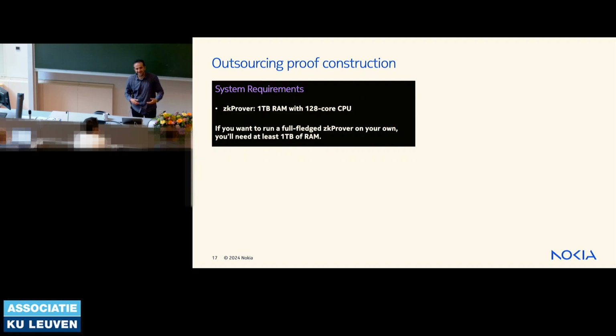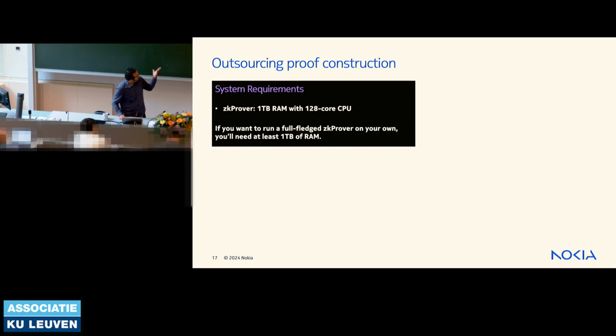So go figure. I think very few people can run such a prover node. It's because of all those rows that I talked to you about. They're extremely memory intensive and also compute intensive, and you use parallelization because they're highly parallelizable, by the way.